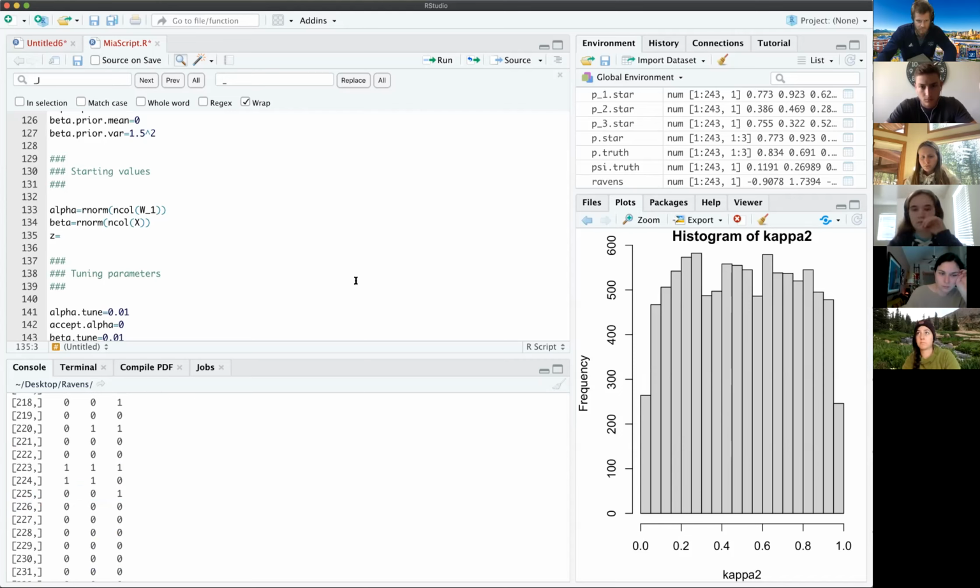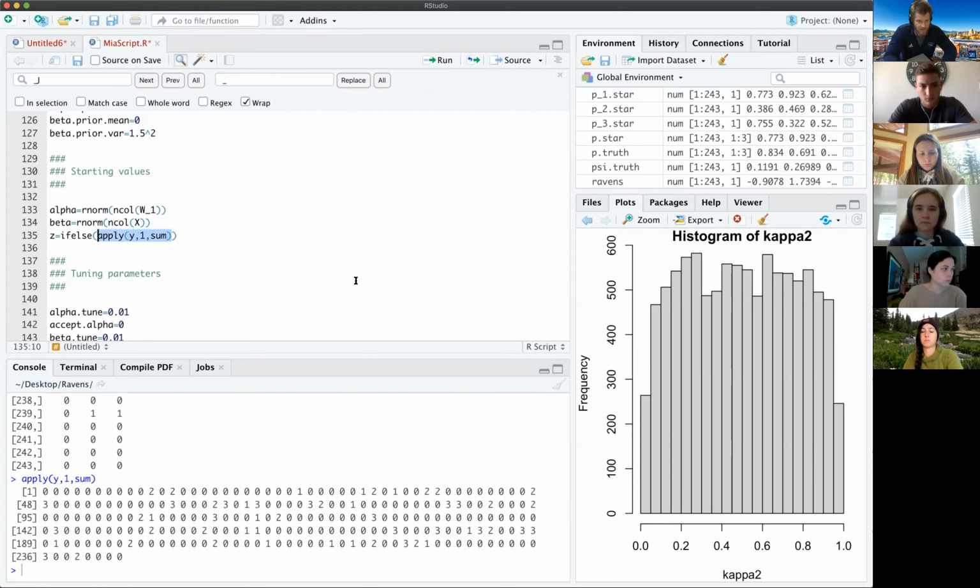So one way of doing that would be to say ifelse the sum of our y's in the rows. So just look at this smaller function within this. That's going to give us the sum of all our observations. If that's greater than 0, then let's say z equals 1, otherwise let's say 0.